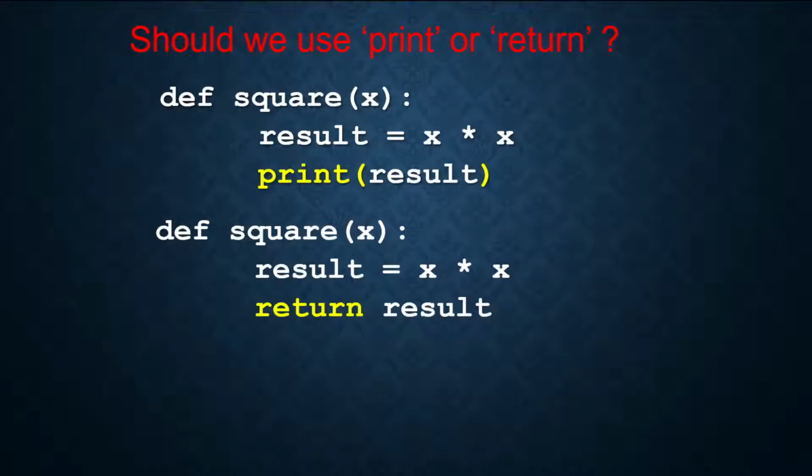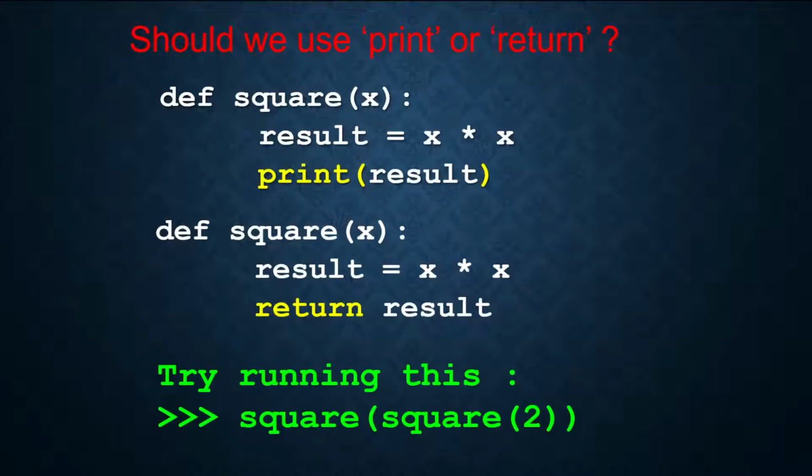These two functions look kind of similar. There's a square x, result equals x times x, but the difference in the lines is one is printing result and one is returning the result. If you just run this, you should get the same output on Jupyter, but there are going to be some differences that will come up very, very soon.